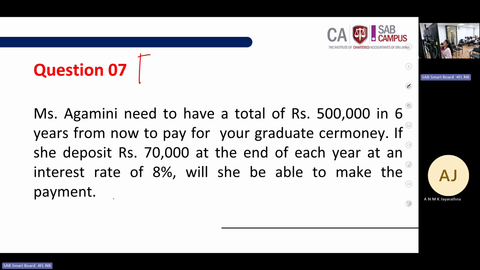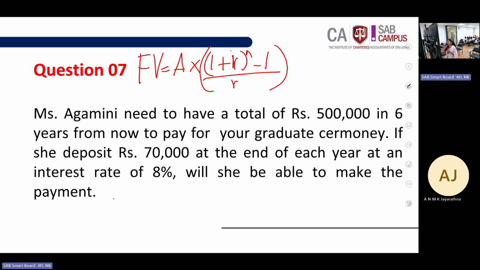Future value of annuity equals annuity amount multiplied by (1 plus interest rate to the power n minus 1) divided by the required rate of return or the interest rate. So I will apply the formula. Annuity amount is 70,000. Here in this particular question, A equals 70,000 and then i equals 8% and n equals 6.